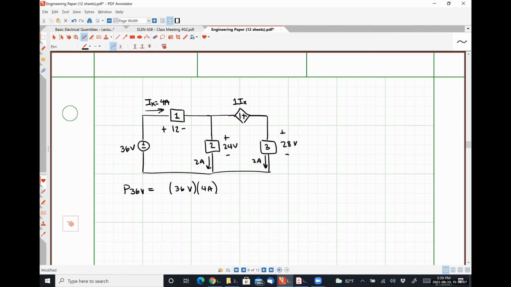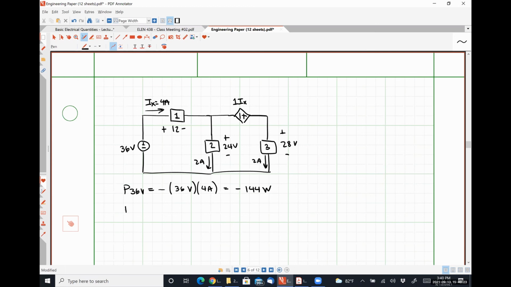Out of. Since it's flowing out of the positive polarity terminal, I need to include a negative sign, because the configuration that I have gives me the applied power, and I'm asked to find the absorbed power. That is the methodology to follow. So 36 times 4 would be negative 144 watts.